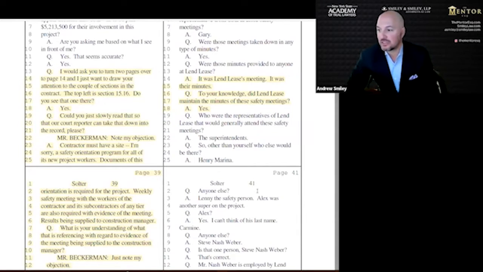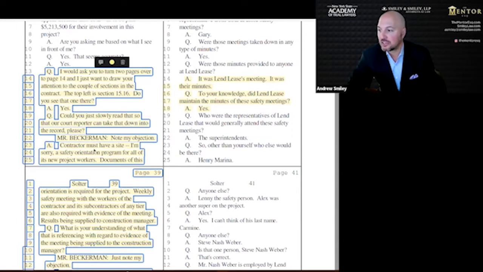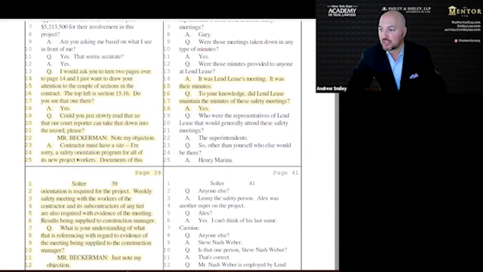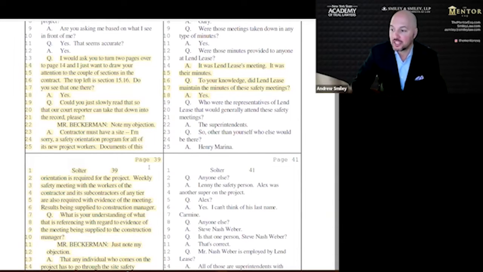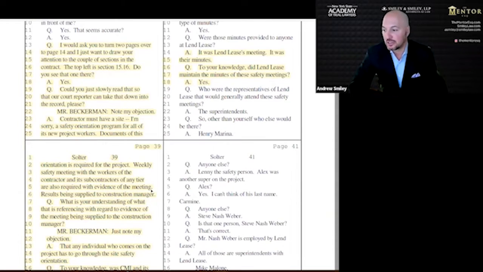So I look at this and I ask him to read a section and he reads it aloud and it says contractor must have a safety orientation program for all of its new project workers. Documents of this orientation is required for the project. Weekly safety meetings with workers of the contractor and its subcontractors are required, right? All of these meetings and results supplied to the contract construction manager.